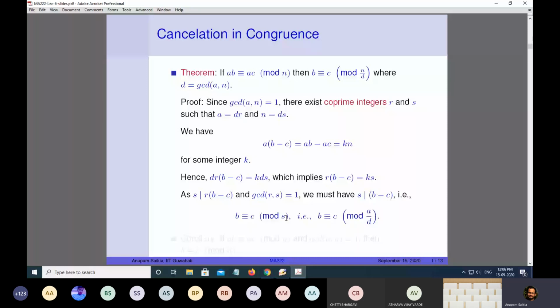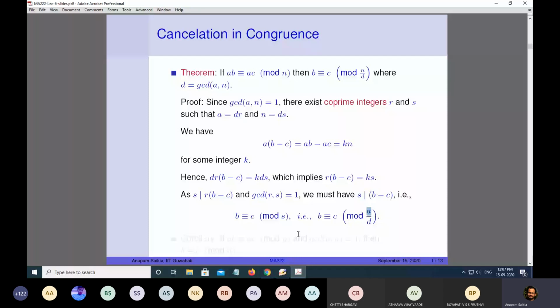And that is what we wanted, because s is nothing but n by d. Another typo: this is n by d. Because remember, s is n by d. So we get the desired result.